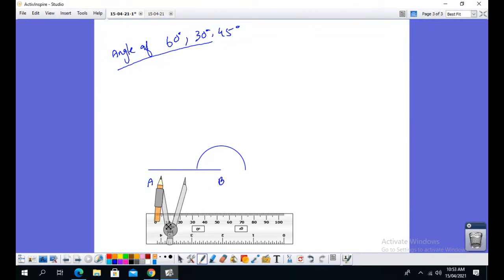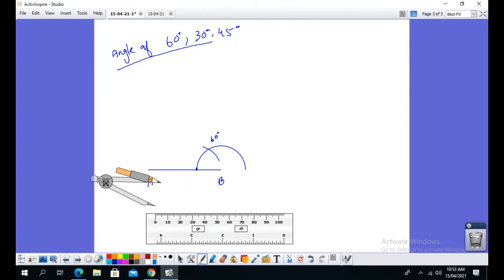This semicircle meets at this point. Place needle on this point here and draw another arc. This arc is of 60 degree.